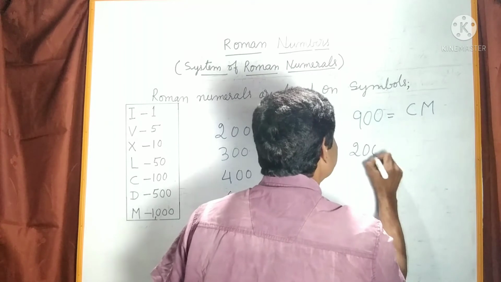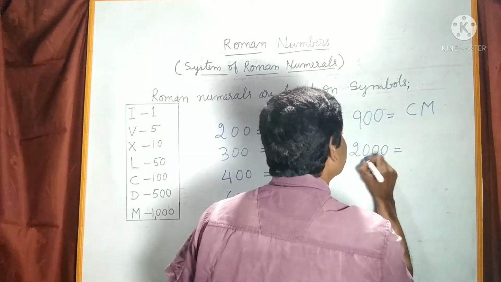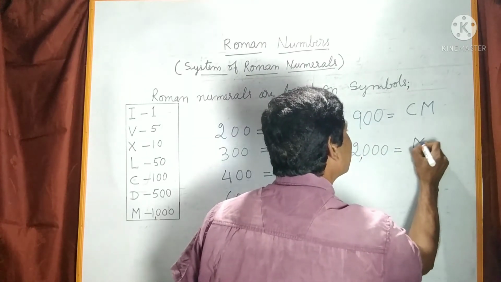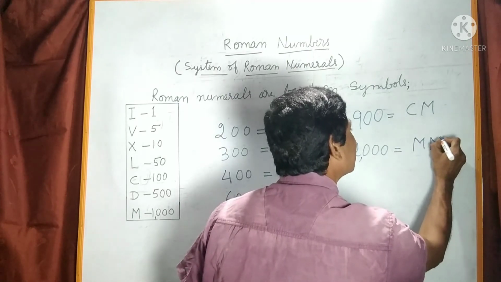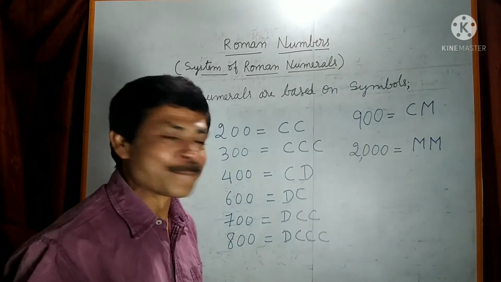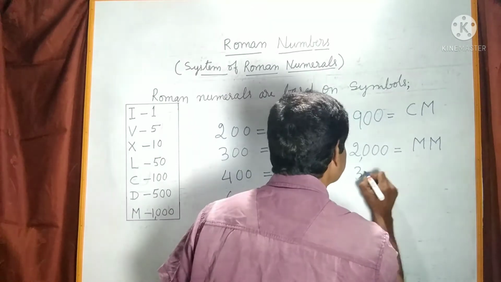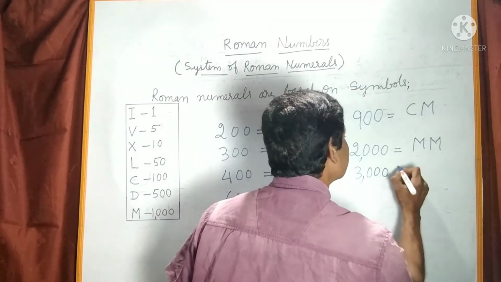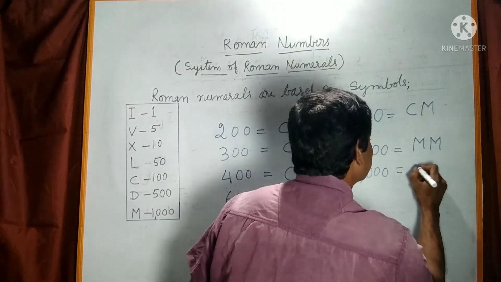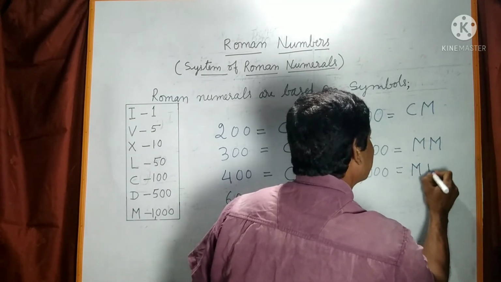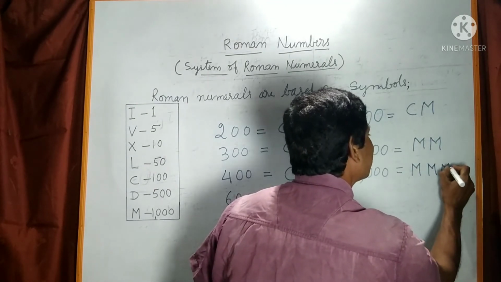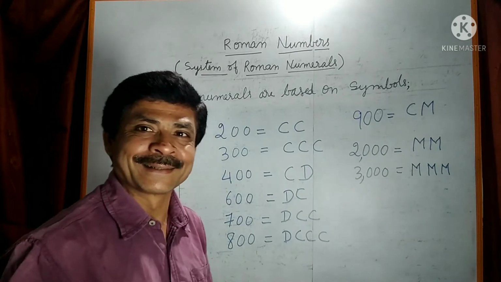We will write 2000 is equal to 1000 plus 1000. 3000 is 1000 plus 1000 plus 1000.